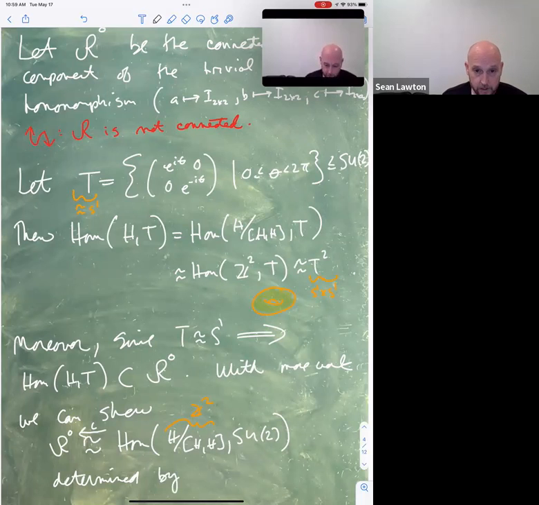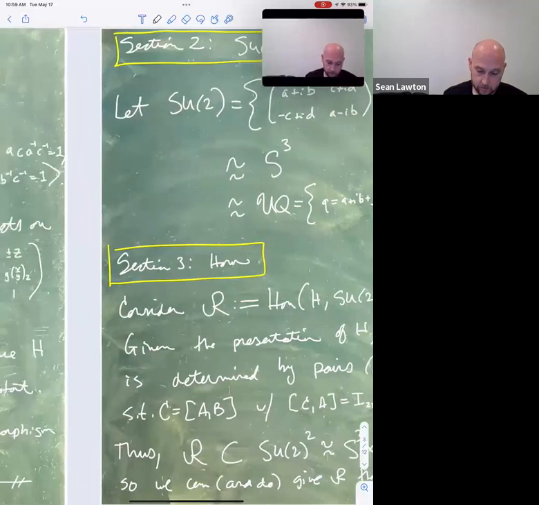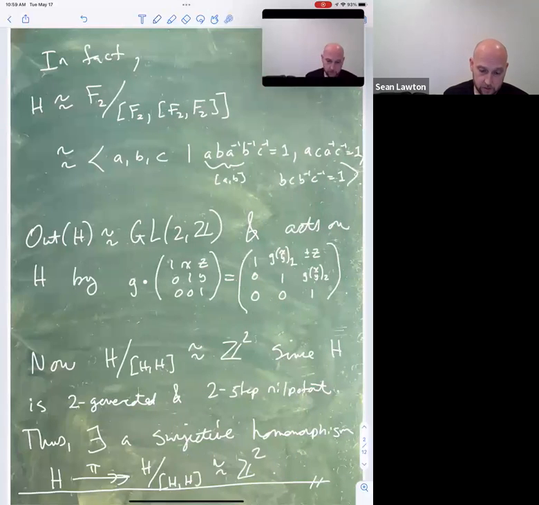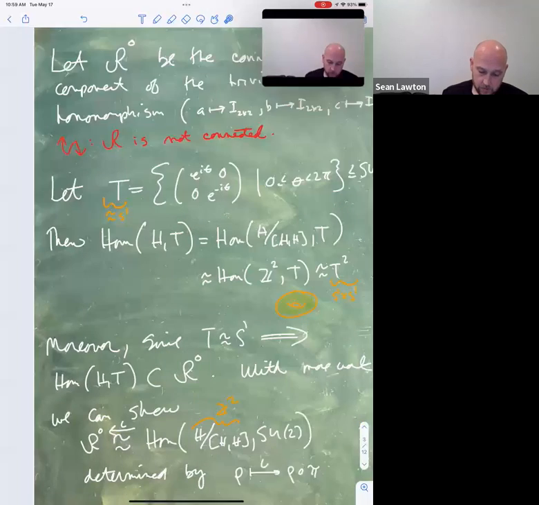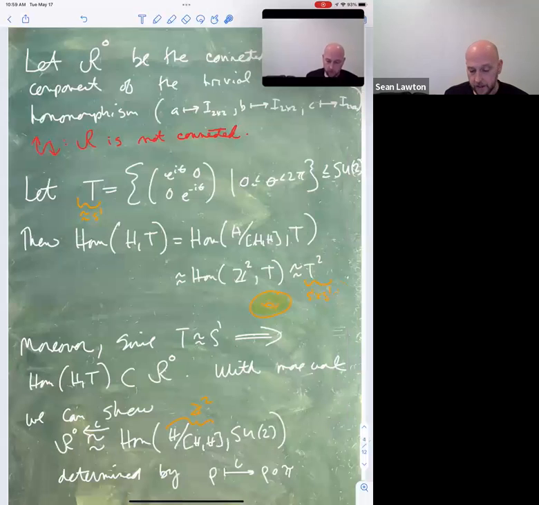How is iota defined? You just precompose with pi, and remember pi was this map here, so that's why I labeled it earlier. So you precompose with pi, and that gives you a homeomorphism between the identity component and the abelianization of the Heisenberg group in the SU2.